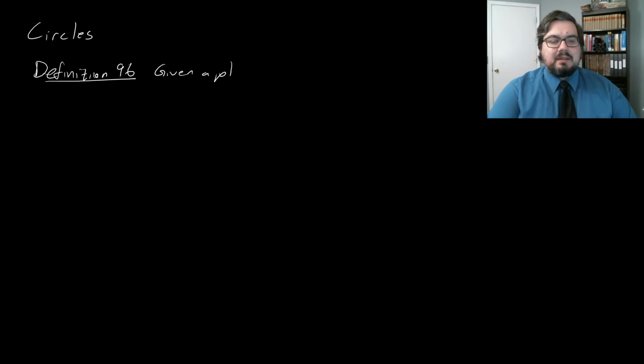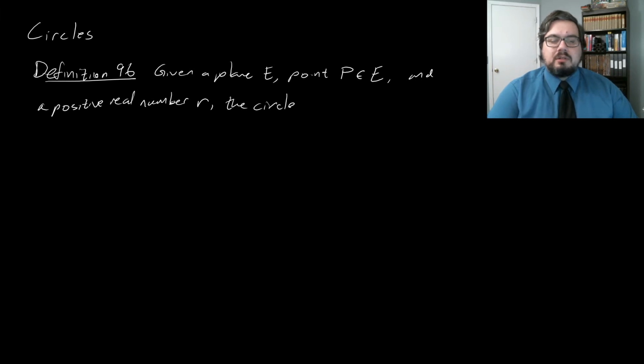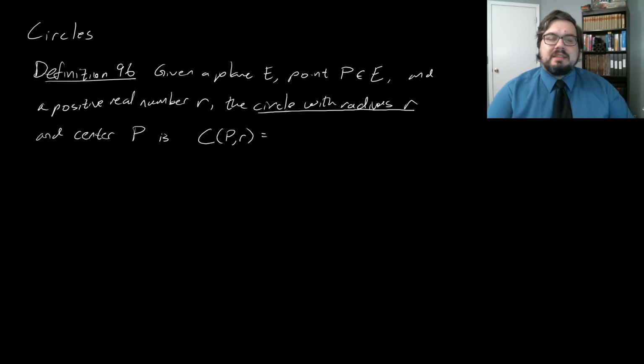Given a plane E, a point P that lies inside E, and a positive real number R, the circle with radius R and center P is denoted C of P and R. Usually the plane that everything lives in is suppressed from the notation, and it's defined to be the set of all points Q in the plane such that PQ equals R. So it's the standard definition of a circle.